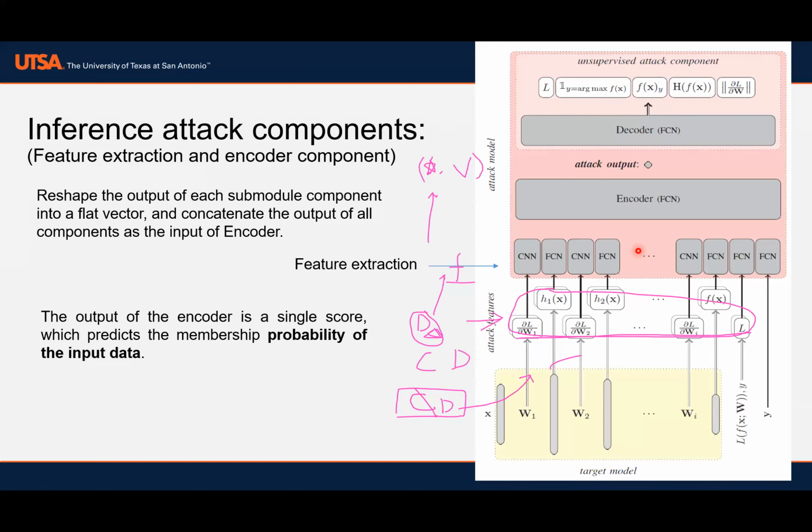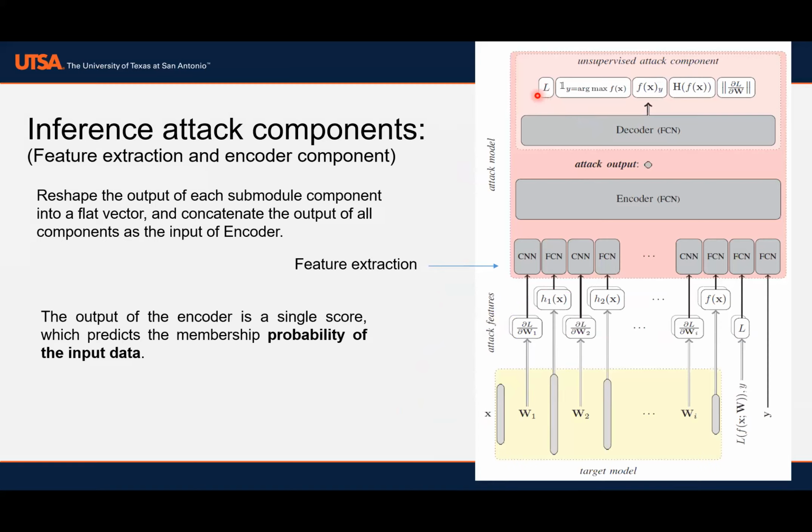Do you have some background, some assumption? For example, if the prediction is more accurate, then you will say that it is more likely to be in D. If the accuracy is not very high, then you say it's very unlikely to be in D. Remember, you should have an assumption there. Yeah.